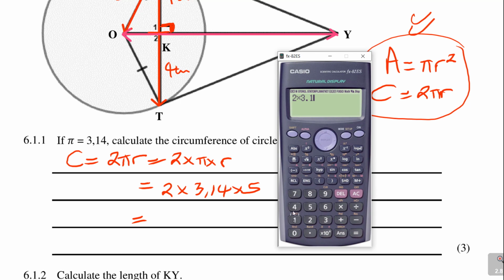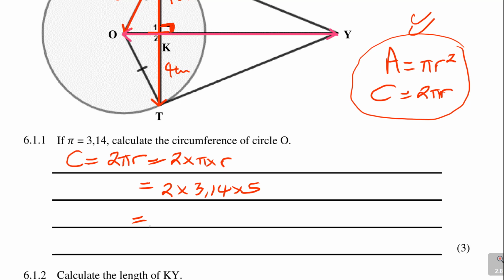Okay, 3.14 times 5 is 31.4. Now, what are we dealing with? Centimeters. But if they say to 2 decimal places, you know you're supposed to write it like this: 31.40 centimeters.